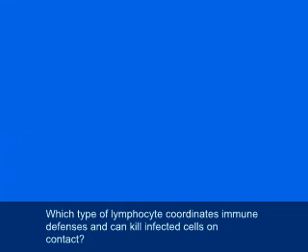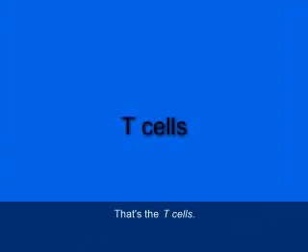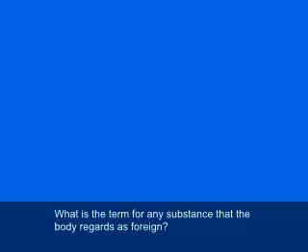Which type of lymphocyte coordinates immune defenses and can kill infected cells on contact? Well, that's the T cells. What is the term for any substance that the body regards as foreign?